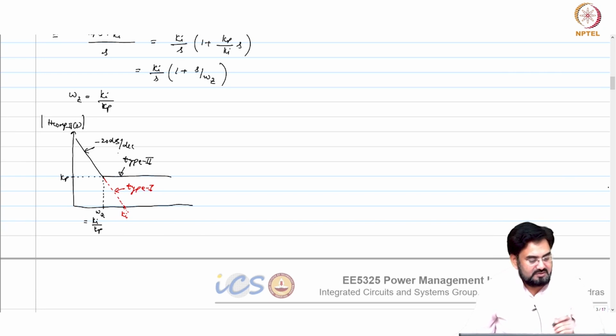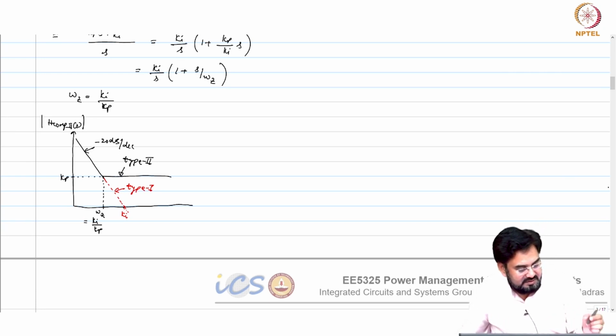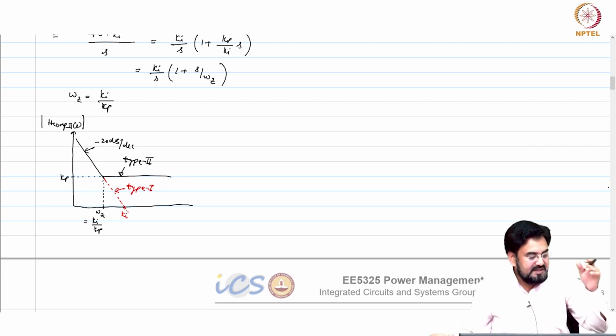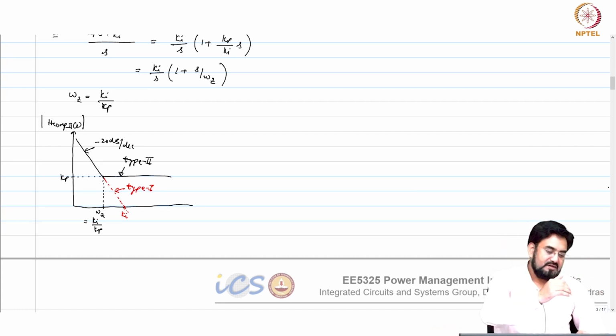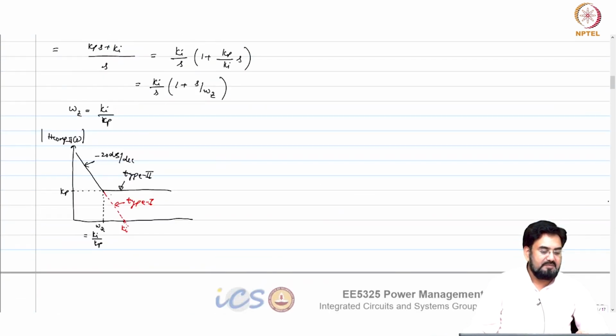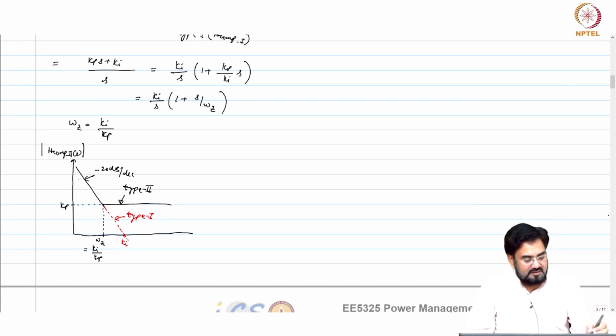Okay. So if I move the 0 to a higher frequency, it will follow your integral curve, and simply the point will change. But if you change the Gm, then your integral curve will also change. It will keep shifting down or up depending upon whether you increase or decrease, and your 0 will remain at the same point.